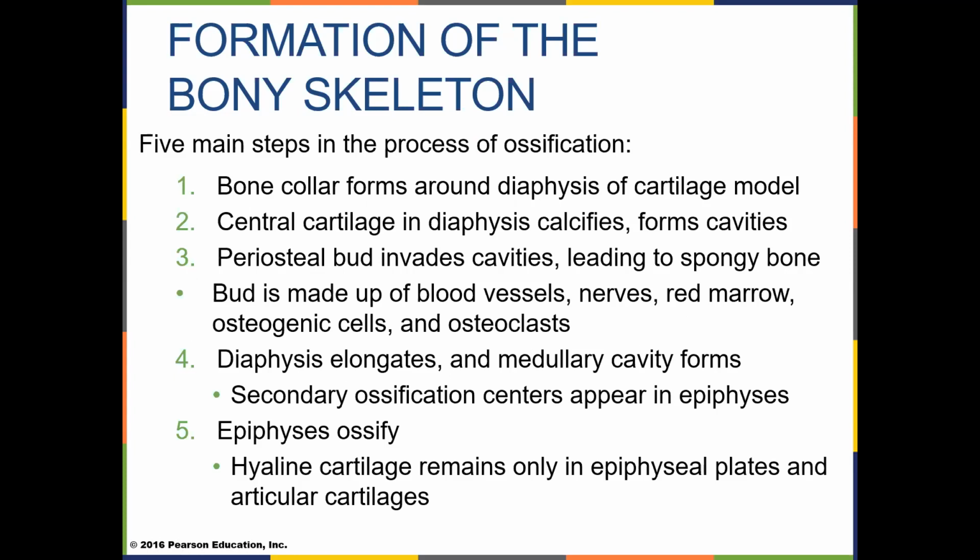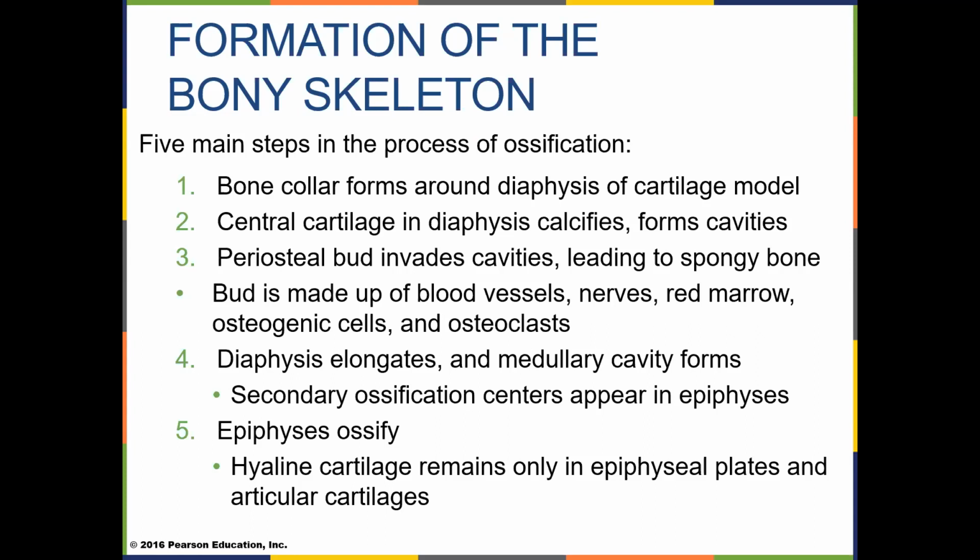So the process starts, and you don't need to remember all these steps here, but we form what's known as a bone collar. It's a ring of bone around the shaft of the cartilage bone. This is a ring of hard bone around the hyaline cartilage bone, the endochondral bone.